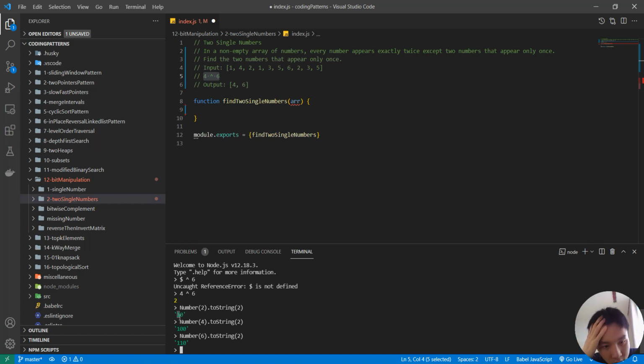So our goal here is to find the first bit that is set in the result of A XOR B, because we don't know these two numbers yet.